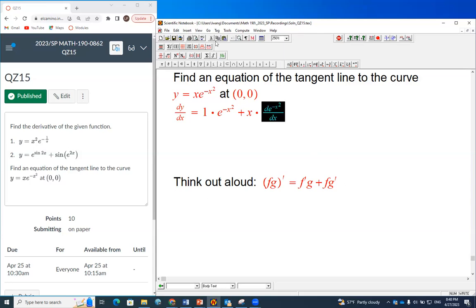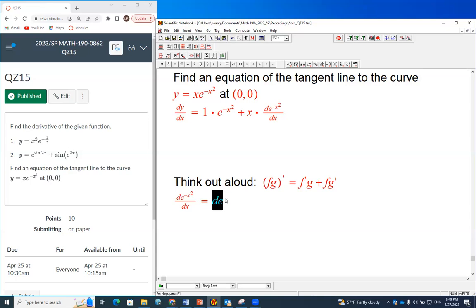So this piece, we need to apply the chain rule. What will be the chain rule, right? It's a composite function. So this will be u. So you're going to have the derivative of e to the power of, let me just copy this whole thing here and put it here.